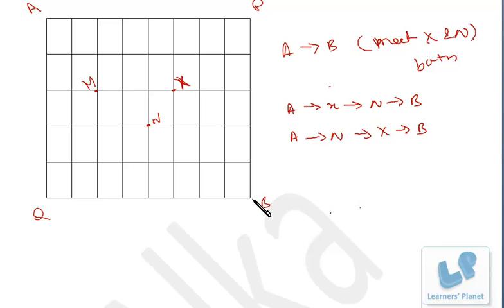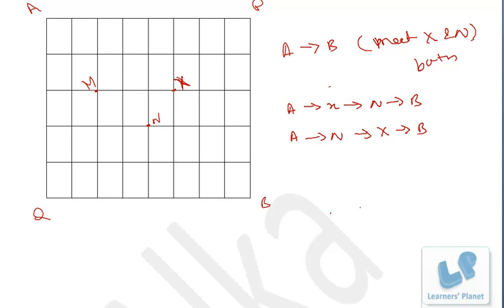In both the cases, 15 steps are there. So in this case, you can go this way, then this way, then this way, or this way, or this way, right? So these are the number of possible ways that we have to find out. But in both the cases, 15 steps are there, and they are the bare minimum steps, if you have to visit both N and X.